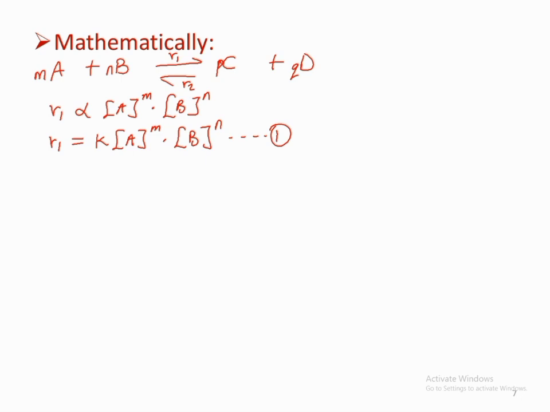K1 is the constant of proportionality for reaction 1. Now, let's look at the backward reaction. R2, the rate of the backward reaction, is equal to K2 multiplied by the concentration of the products that are reacting to give back the reactants, which is the concentration of C raised to the power P multiplied by the concentration of D raised to the power Q, its mole coefficient. Let's call this equation 2.